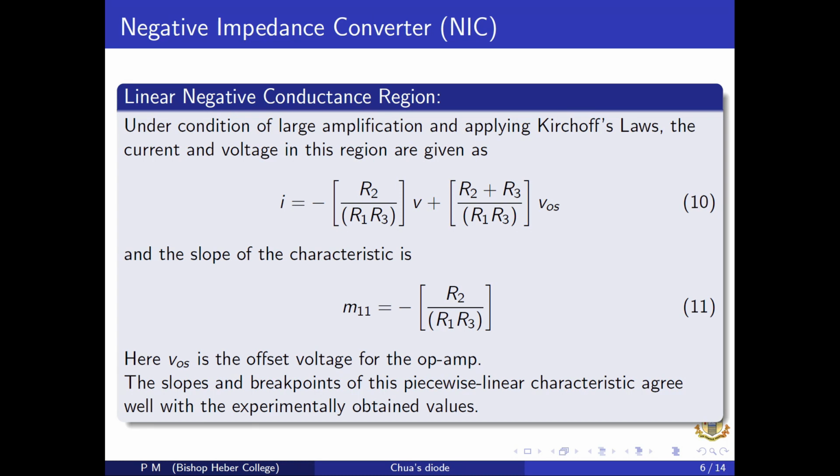And the slope of the characteristics is M11 is equal to minus R2 divided by R1 R3. Here Vos is the offset voltage for the operational amplifier. The slopes and breakpoints of this piecewise linear characteristics agree well with the experimentally obtained values.